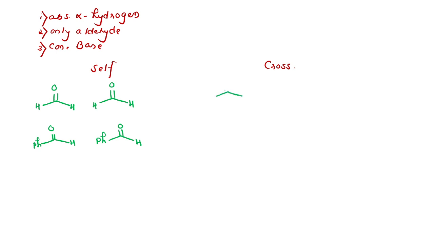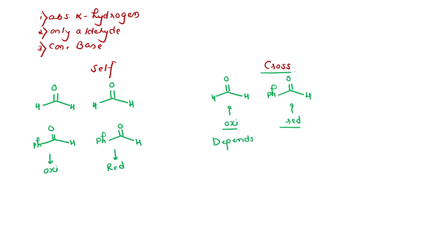But if the two molecules are different, then that is the cross-Cannizzaro reaction. Now in this, there is no issue. One will undergo oxidation, one will undergo reduction. But which will undergo oxidation and which will undergo reduction? For that purpose, you should understand it depends upon the reactivity of the aldehyde.